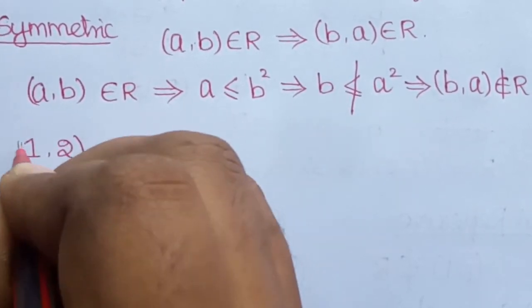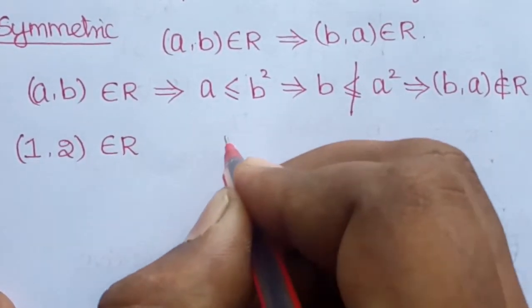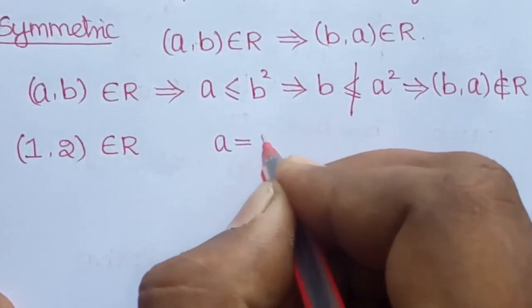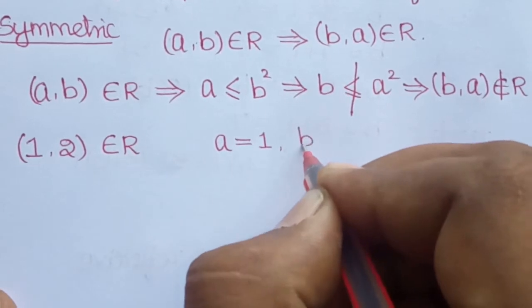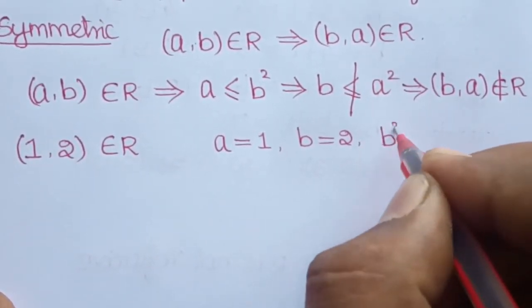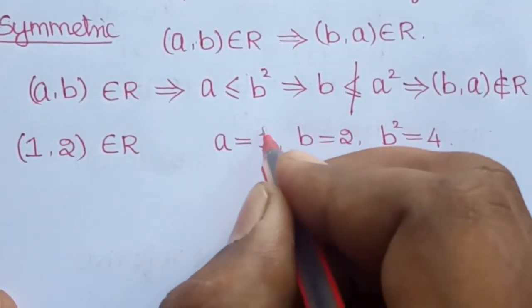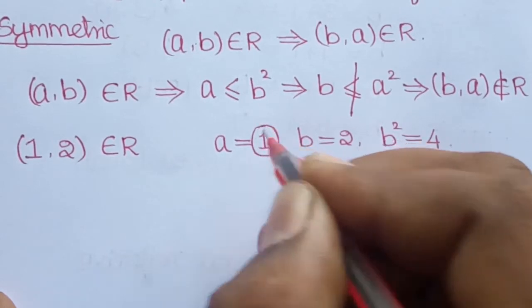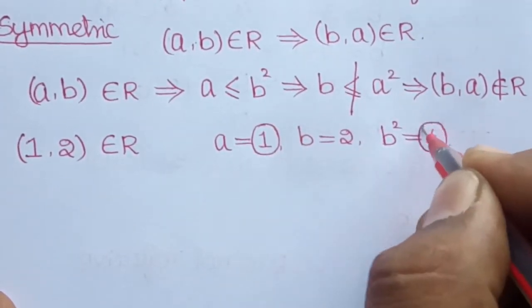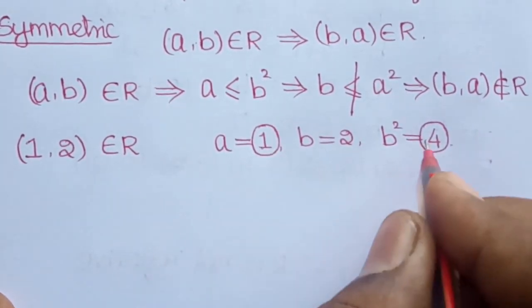You see, (1, 2) belongs to R because here A value is equal to 1 and B value is equal to 2. So what about the B square value? B square value is 4. Now we compare A and B square, the A value and B square: 1 and 4.